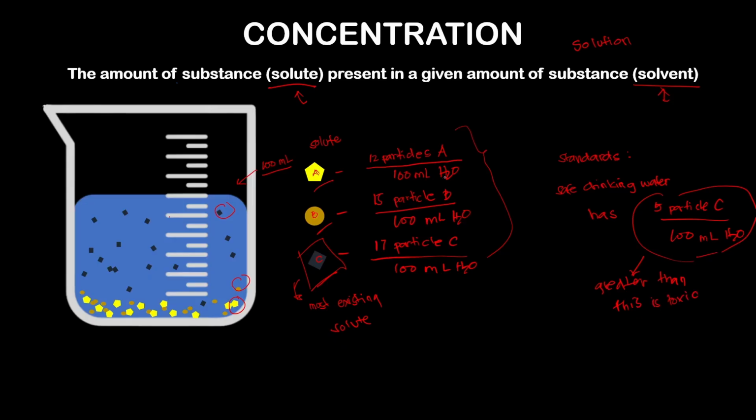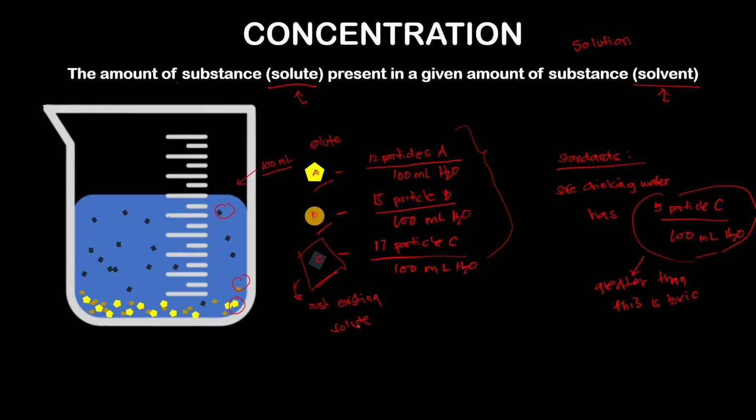We can compare what we measure to the standards. And from this, we can conclude that the water sample we have has a higher concentration of solute C, or particle C. Therefore, it exceeds the standard for safe drinking water.